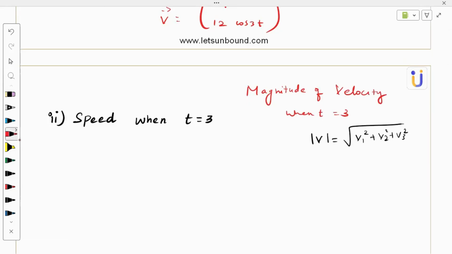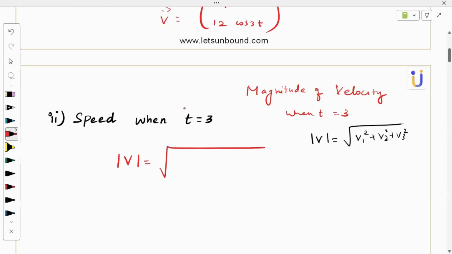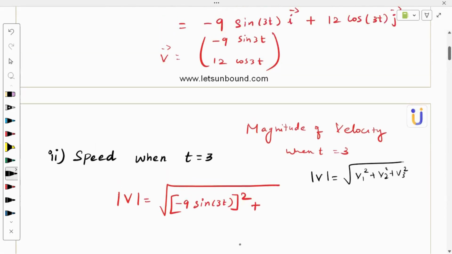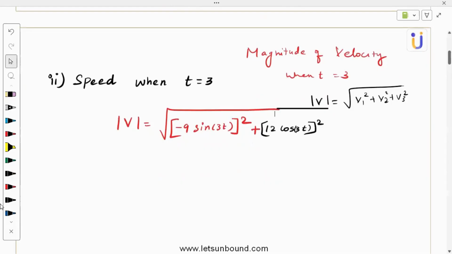So the modulus of v is equal to the square root of the first component, minus 9 sine 3t, whole squared, plus the other component, 12 cos 3t, whole squared.